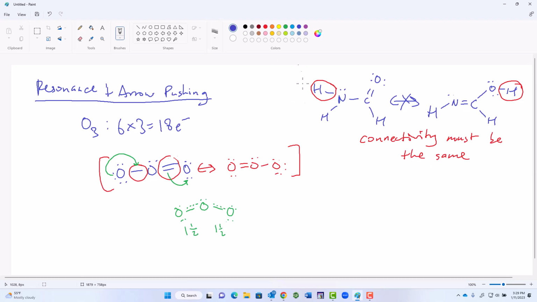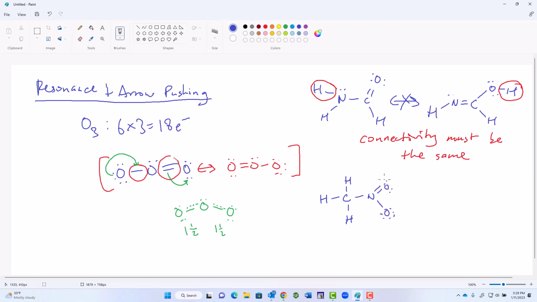The other big one in organic chemistry is disobeying the octet rule. So let's look at another structure. This is going to be nitromethane. So we have a nitro group on a CH3.